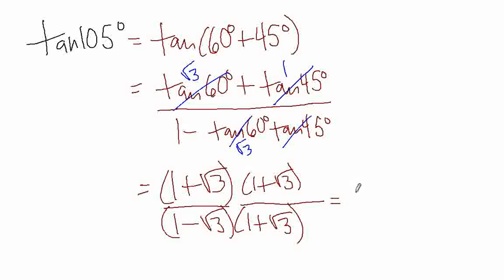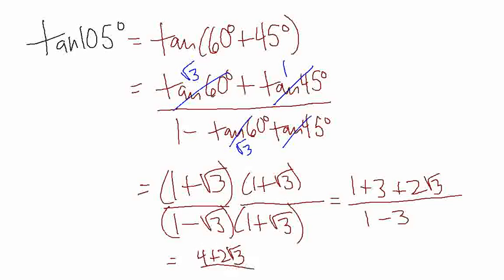So on top, I will get 1 plus 3 plus 2 root 3, and on bottom I will get 1 minus 3. So all that gives 4 plus 2 root 3 divided by minus 2. That all gives minus 2 minus root 3, which actually does look a lot simpler, so that was actually not a bad idea. All right.